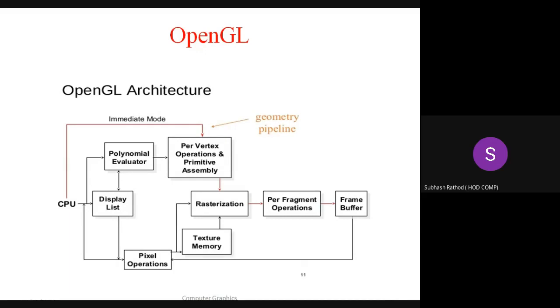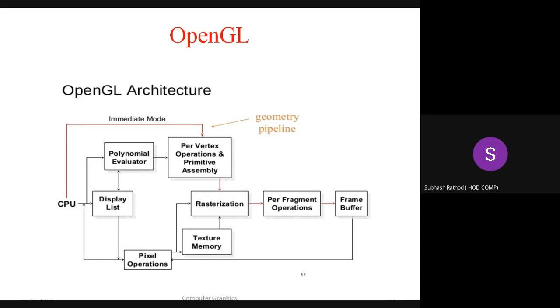For example, if the triangle is at the bottom and I want it on the upper side of the screen, I should perform a pixel operation on the image and translate it to the upper side of the screen. This kind of operation is done by this component.